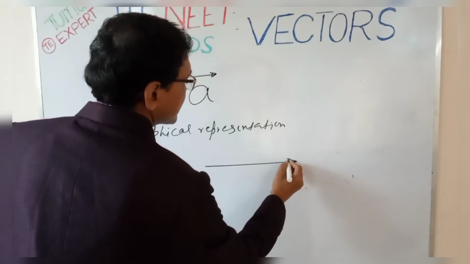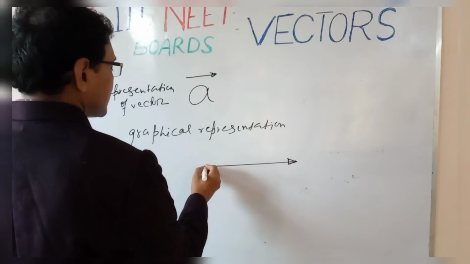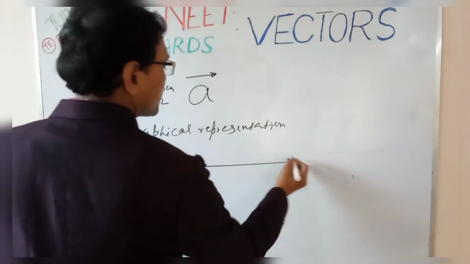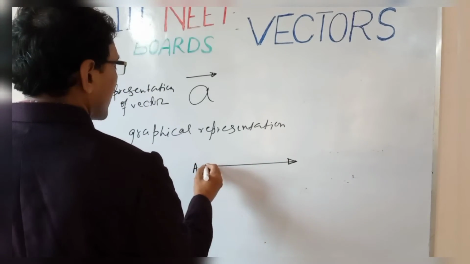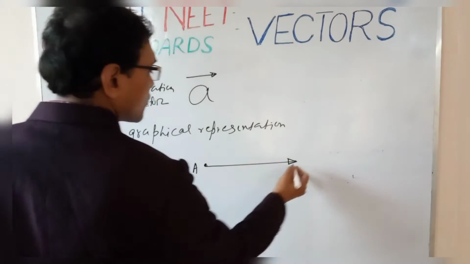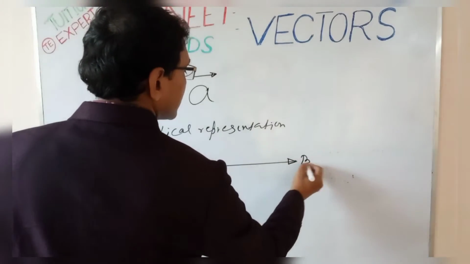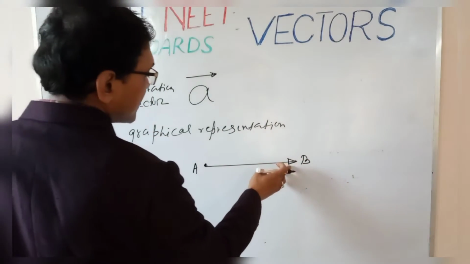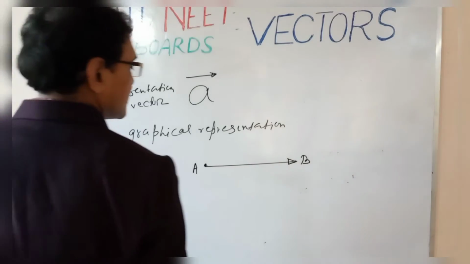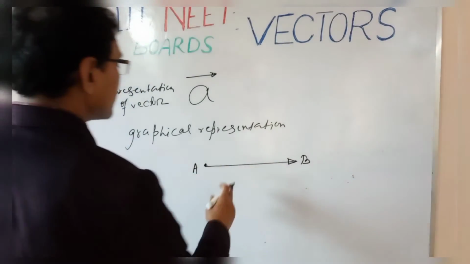Suppose a line segment has an initial point and a final point. Two points are required. Where the vector starts is the initial point, and where the vector ends is the final point. The arrow is always added at the end point or final point. Now this is the representation of a vector.